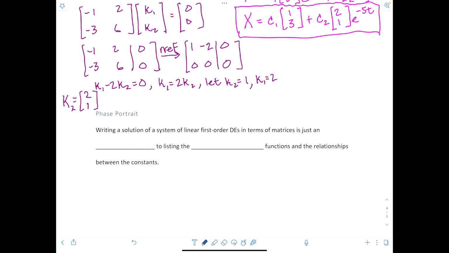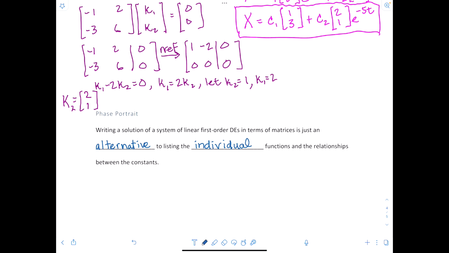All right, so writing a solution of a system of linear first-order DEs in terms of matrices is just an alternative to listing the individual functions and the relationships between the constants.